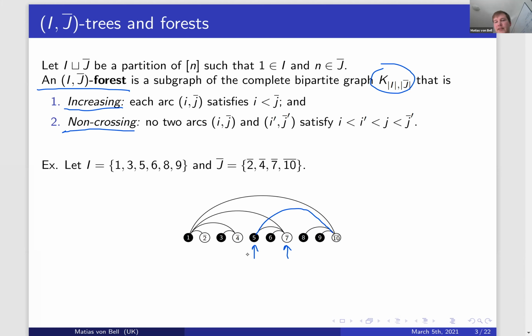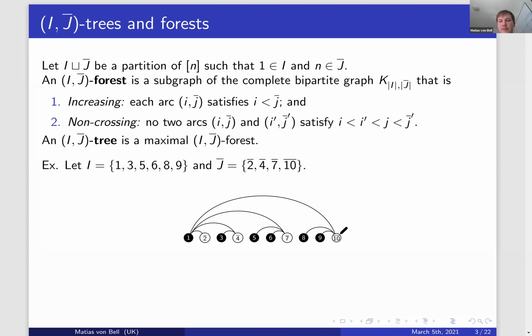I could not add this arc here, for example, because that would introduce a crossing. And I can't add this arc here because that's not increasing. All right, so this is an ij forest. And when the arcs are maximal, so that I can't add any more arcs without violating one of these conditions, that's an ij tree.